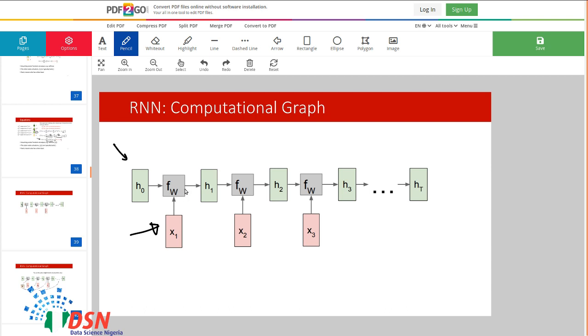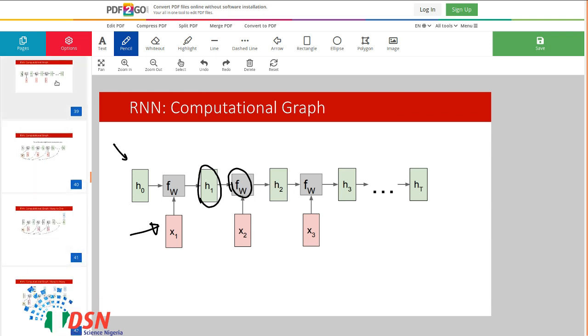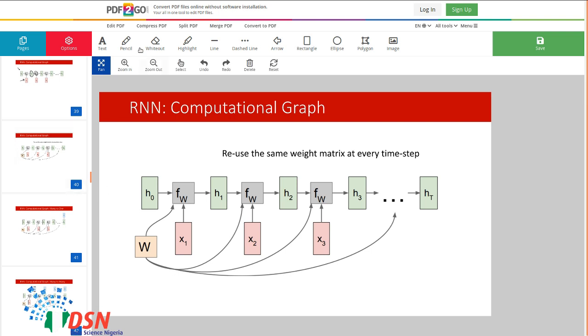Then we apply a nonlinear function to get the next hidden state, and again for the new input and new hidden state we apply the nonlinear function to get another hidden state, and so on. And as I mentioned, we use the same weights for all of them. So we use the same function of W, which implies that we use the same weights for all of the time steps.